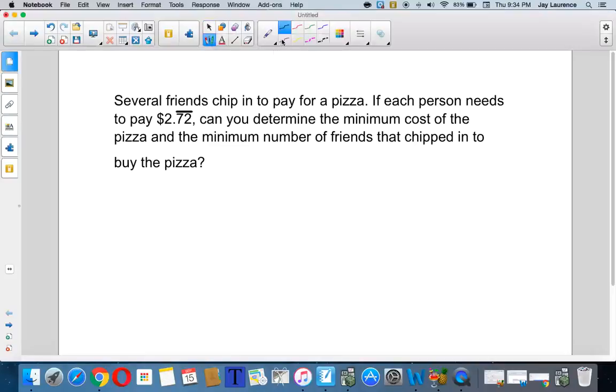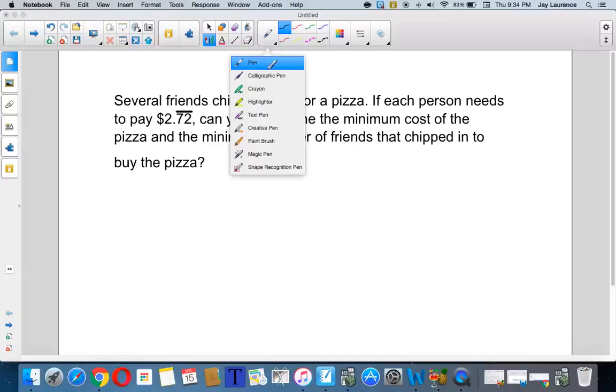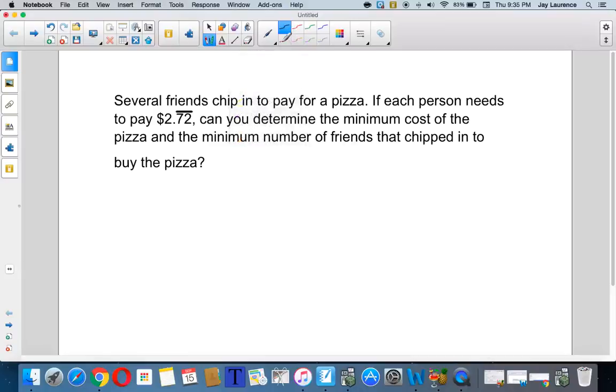So check this out. Let's pretend for a minute that some people were going to get together and buy a pizza. Maybe Ari's going to do it, and maybe Jacob is going to help buy the pizza, and maybe Mr. Lawrence, and David.